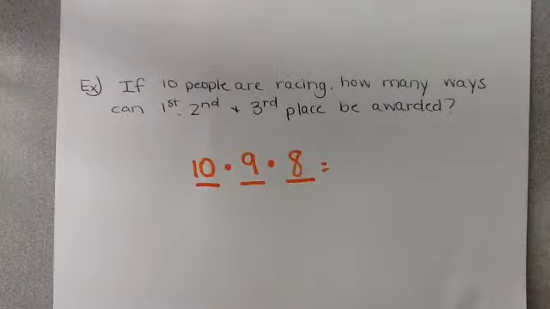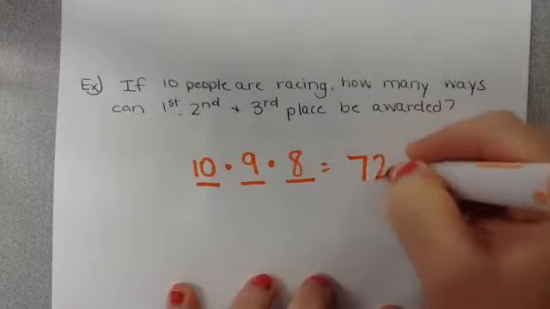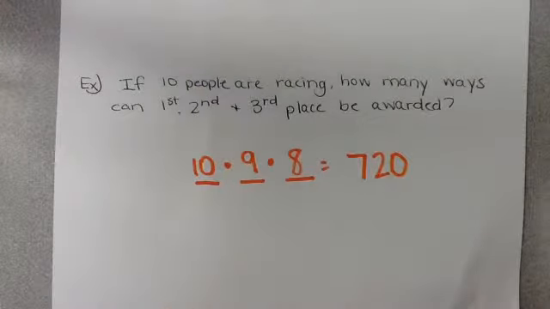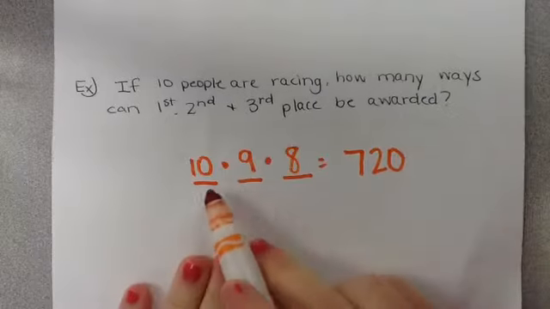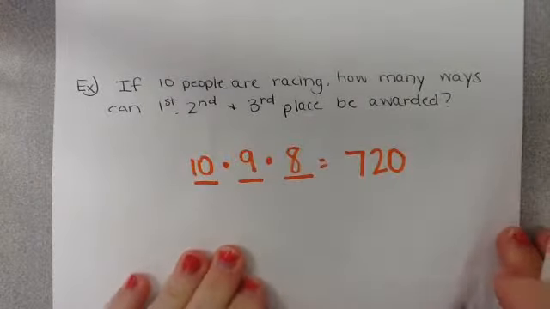How many different ways can first, second, and third place be awarded? 720 different possibilities for these 10 people to get first, second, or third. Okay. List out your spots, then start filling in how many options you have for each spot.